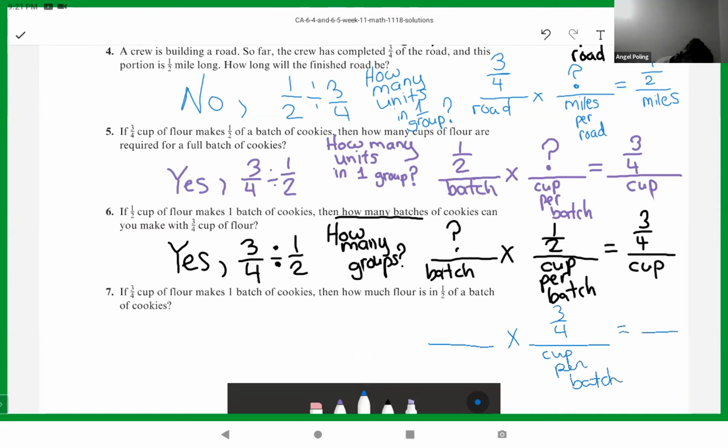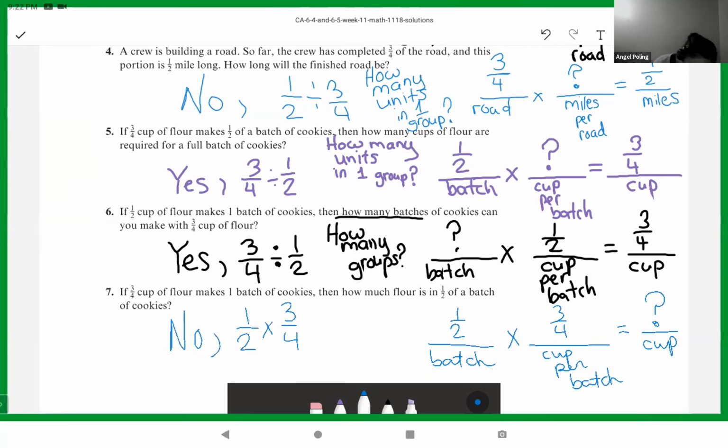They also tell us that we have 1/2 of a batch. And what we're looking for is how much flour is there in 1/2 of a batch? This is multiplication again. So here we're getting the equation 1/2 times 3/4. And this is a no.